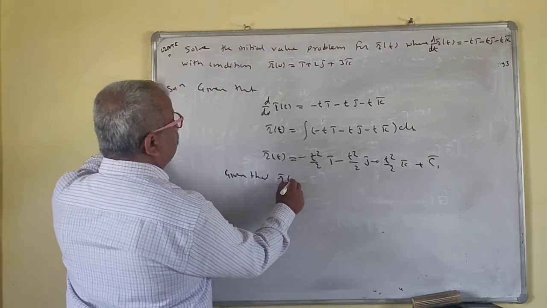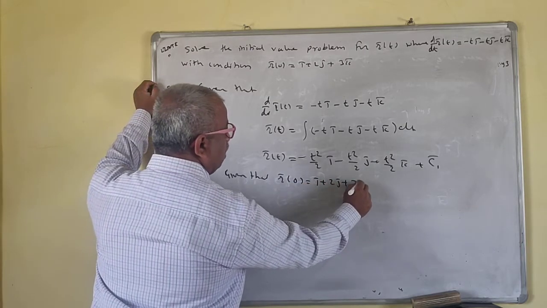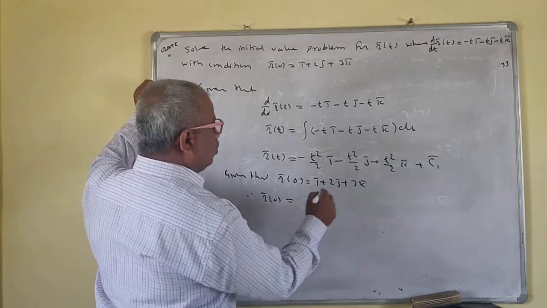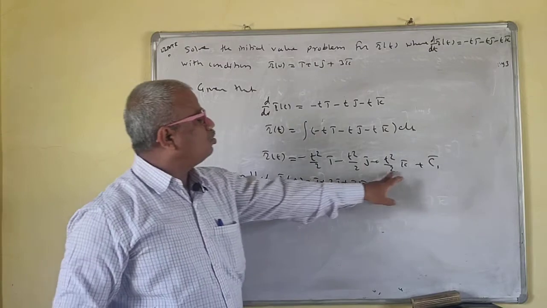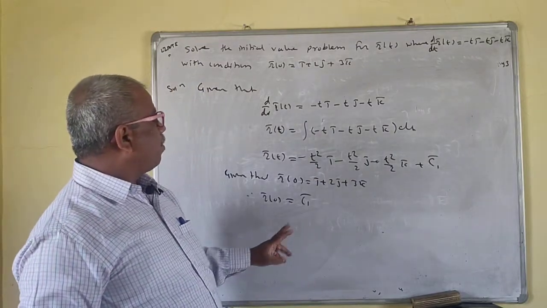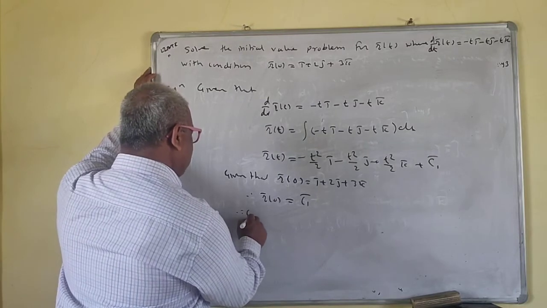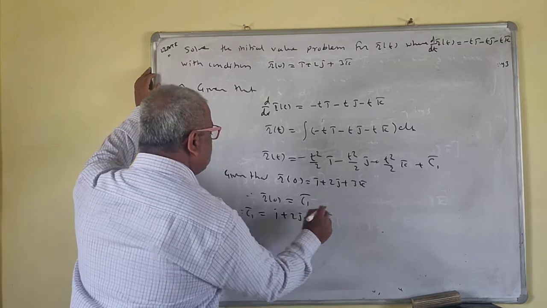Given that r bar of 0 is equal to I bar plus 2 j bar plus 3 k bar. Therefore r bar of 0 is equal to c1 bar, because the other terms are 0 at t equals 0. So c1 bar is equal to I bar plus 2 j bar plus 3 k bar.